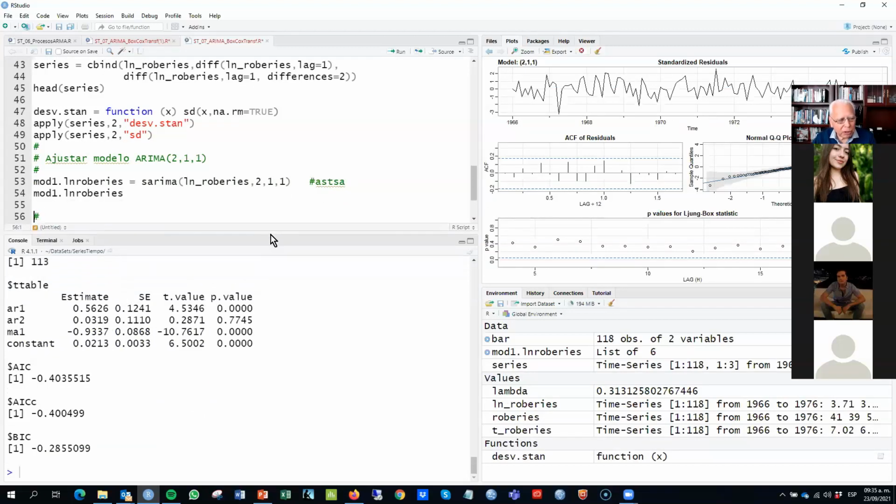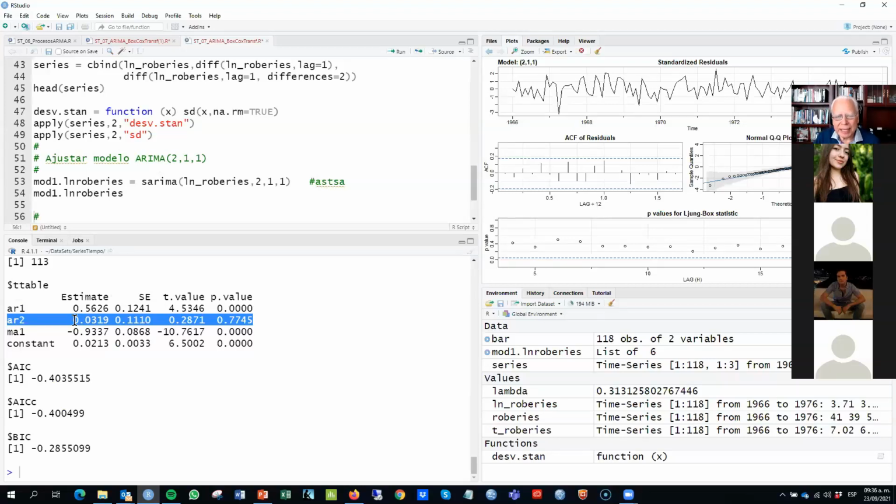So if you look at the model, the second autoregressive term is not significant. Okay, the p-value is very large. So what this means is that if I were to test the hypothesis that phi2 is equal to 0 against the alternative that it is different from 0, I would not be able to reject the hypothesis that phi2 is equal to 0.